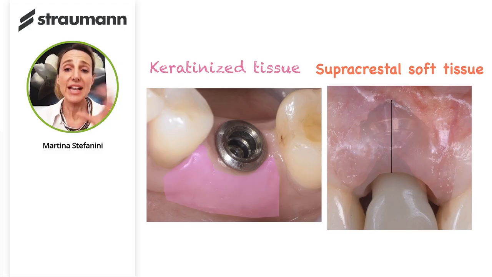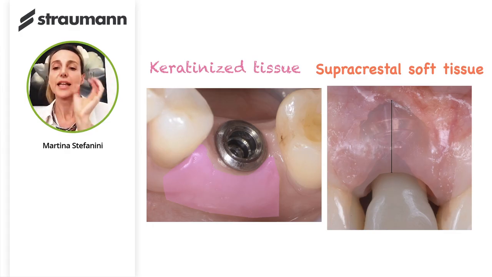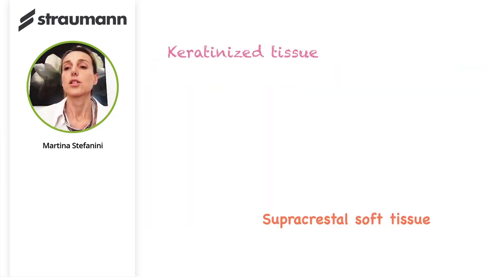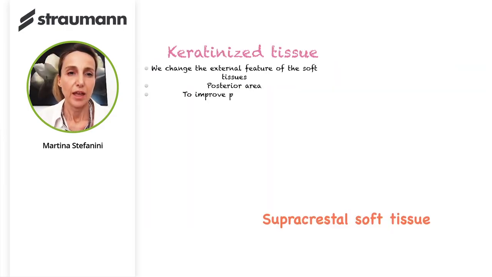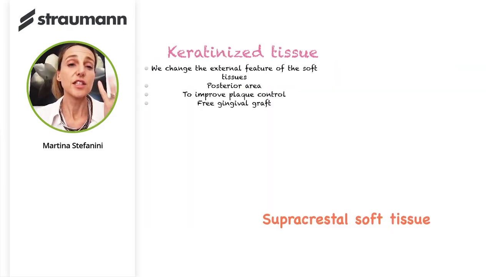And so basically we have two kinds of technique: the technique that aims to increase the keratinized tissue thickness and height from one side, and the technique that aims to create or recreate the supracrestal soft tissue. The keratinized tissue is an external feature of the soft tissues.